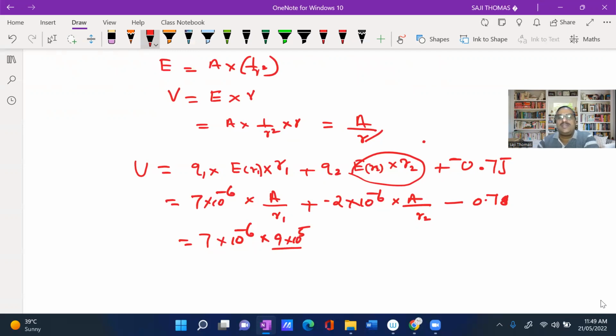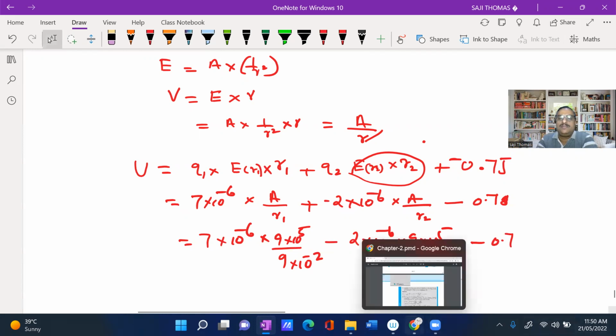R1 is the position coordinate. It was 9 centimeter, right? 9 into 10 raised to minus 2. Minus 2 into 10 raised to minus 6 into 9 into 10 raised to 5 by 9 into 10 raised to minus 2, minus 0.7.